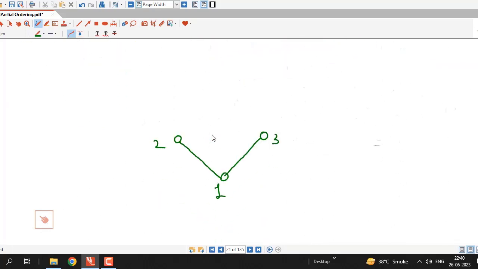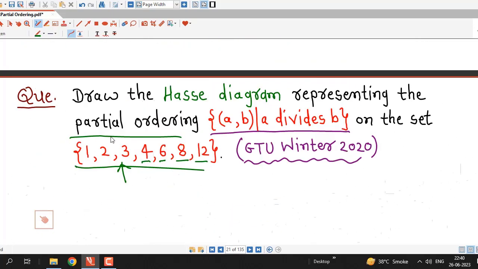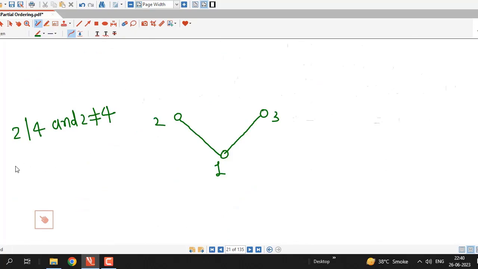So now we check for 2 and 4 whether 4 covers 2 or not. 2 divides 4 and 2 is not equal to 4, and there is no element z between 2 and 4 such that 2 divides z and z divides 4. So I can say that 4 covers 2. So I consider a circle for 4, and because 4 covers 2, a line is drawn between 4 and 2.